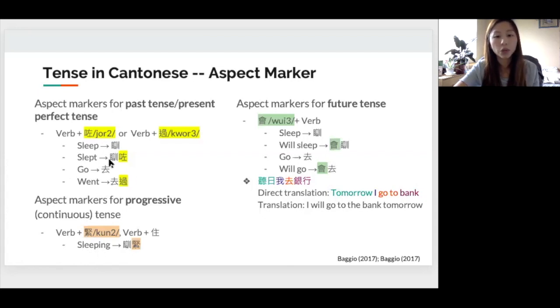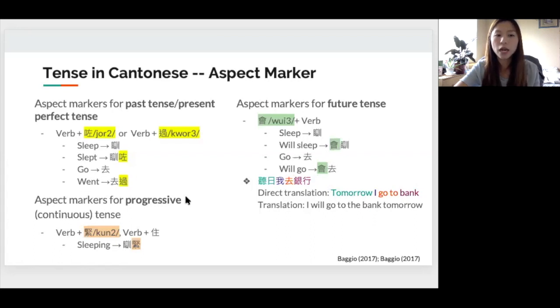Go is 去, then going will be 去緊. For the future tense, the aspect marker 會 is marked before the verb. For example, sleep is 瞓, will sleep will be 會瞓. Go is 去, will go will be 會去.